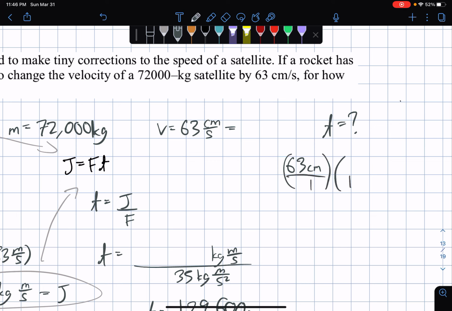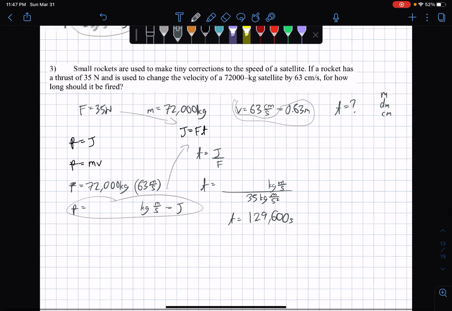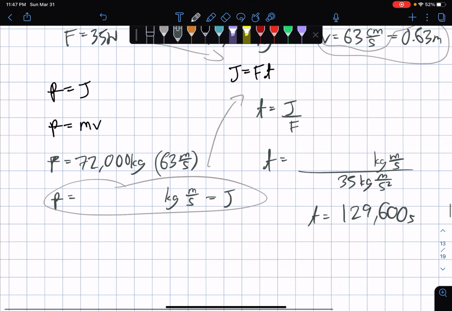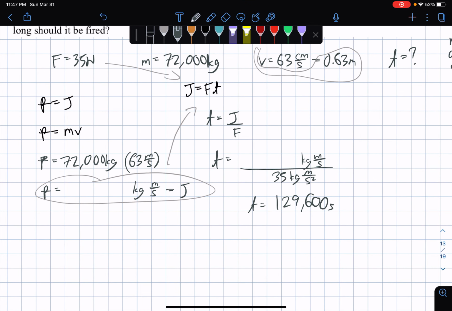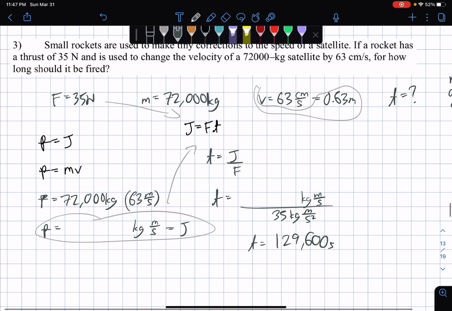This is meter, dm, cm. 63 over 100 is 0.63. So yes, this is supposed to be our used velocity value, not the centimeters per second. Yeah, it has to be like that.